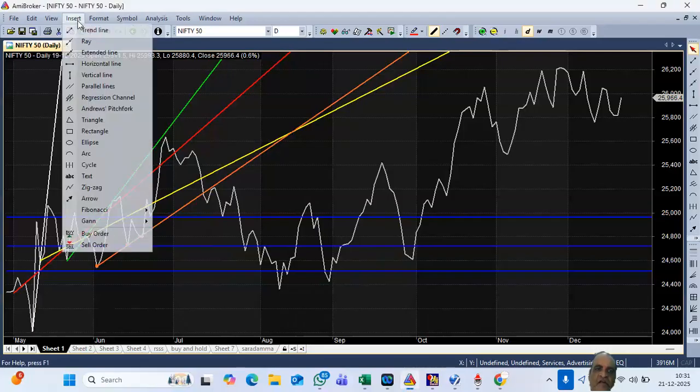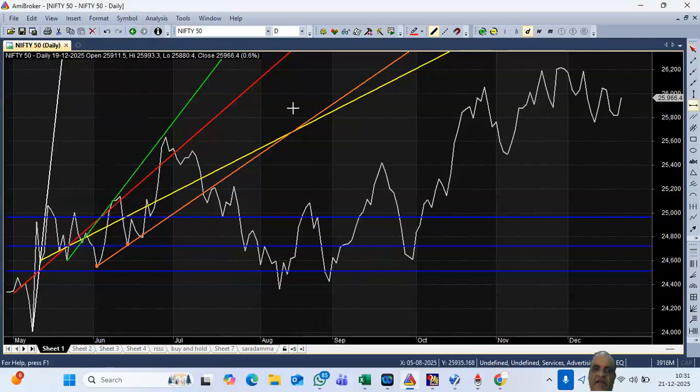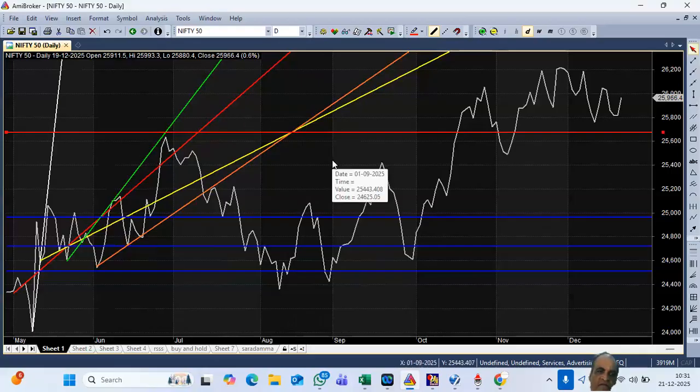There is an intersection. I will place one horizontal line, and once this level was breached, the price has come down. It acted as a good area where, once breached, the price could not surpass it. So it came down again and again.